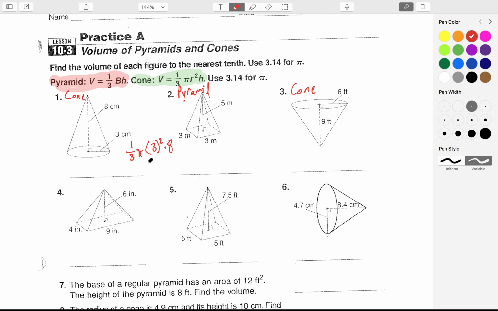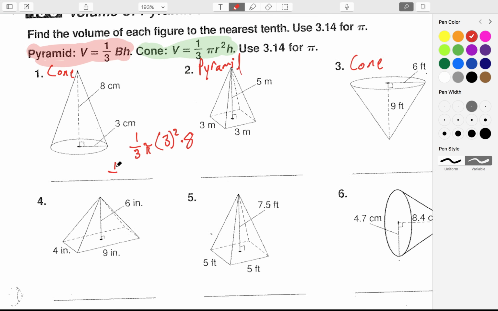Now 3 times 3 is 9. 9 times 8, and then we have pi and 1/3. 9 times 8 is 72. And then 1/3, and they do want you to use 3.14, so let me back up a little bit. Might as well put the 3.14 right now.